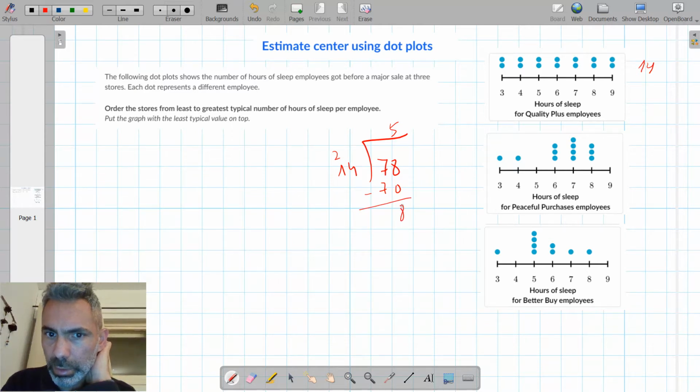Subtract, get 8 left. So 5 and 8 over 14, this is the average for the first group.